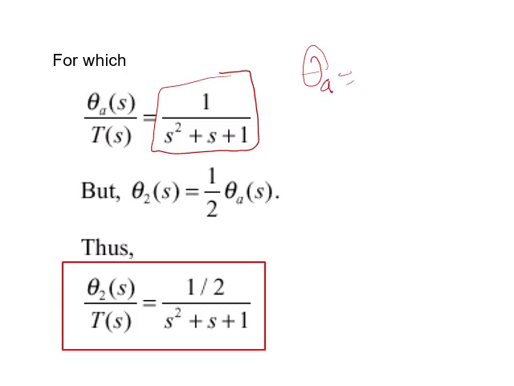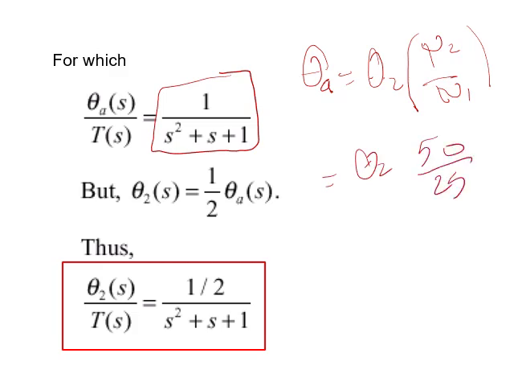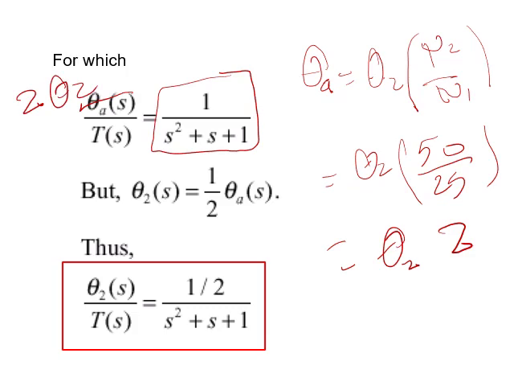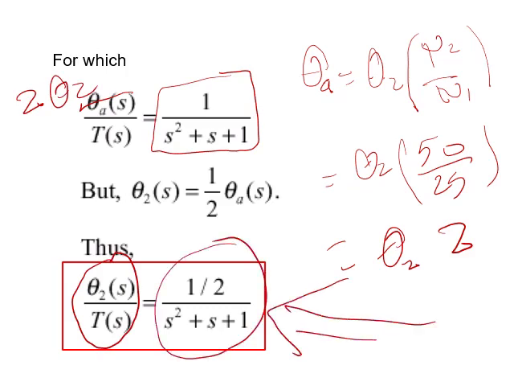Theta A equal to theta 2 into N2 over N1, which equals theta 2 into 50 over 25, which equals theta 2 into 2. That means theta A can be replaced by 2 theta 2. So here, this one can be replaced by 2 theta 2. When you divide both sides of the equation by 2, it is going to result in theta 2 over T equal to 1 over 2 over this value. So that's how we can develop the transfer function of it.